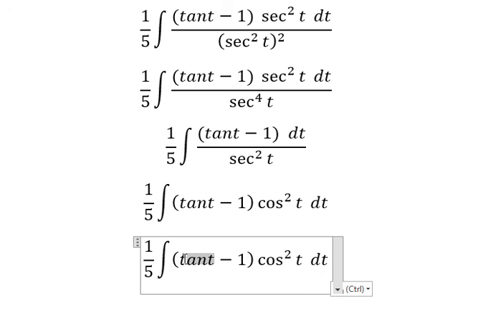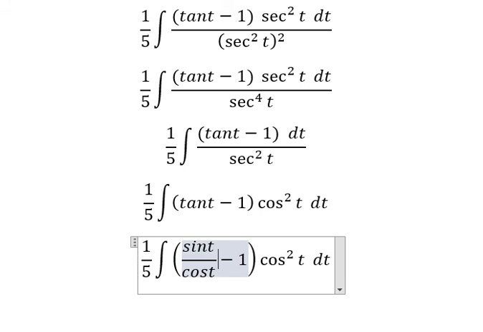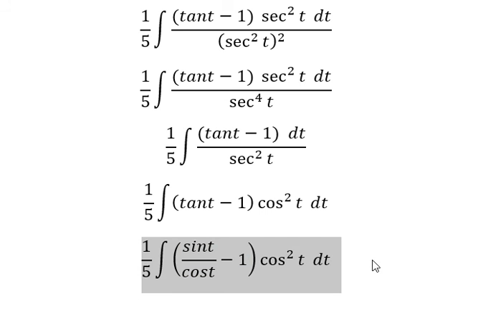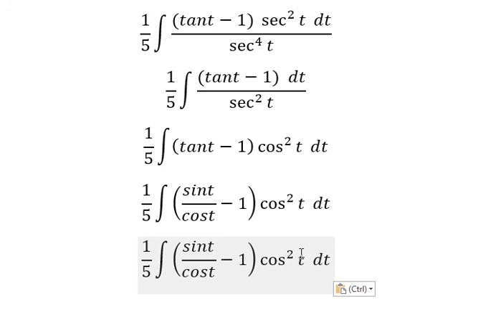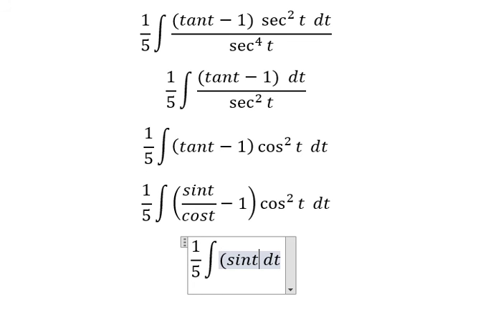And we know that tan t is sine t over cosine t. We know that cosine t square will multiply by sine t over cosine t and number 1. And we simplify cosine t.